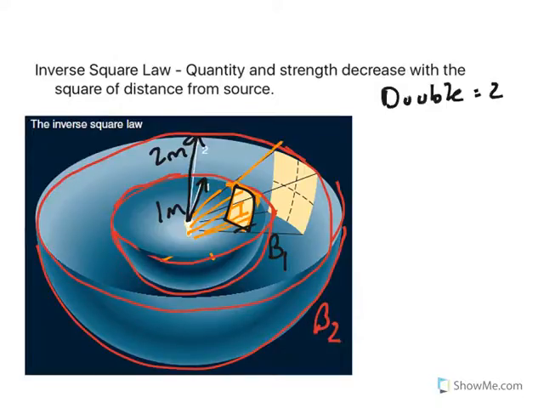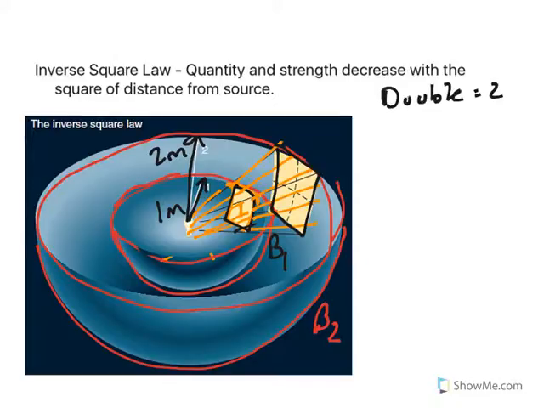Well, the light continues to spread out. It passed through the inner hemisphere at B1 and is now going through the hemisphere of B2. So the portion that passed through the square in B1 has spread out to a larger square at the 2 meter hemisphere.